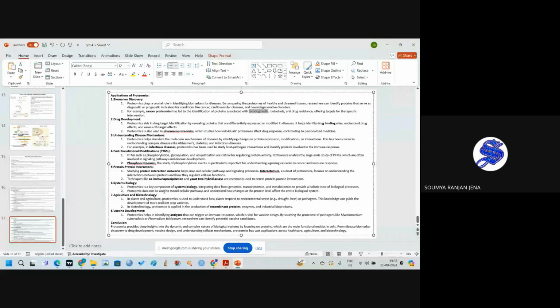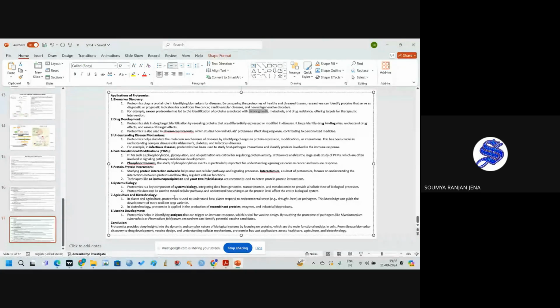And this proteomic data can be used to model different cellular pathways. We can target different cellular pathways. If we know which cellular pathway is causing cancer, then we can target that cellular pathway and understand how changes at the protein level affect the entire biological system.